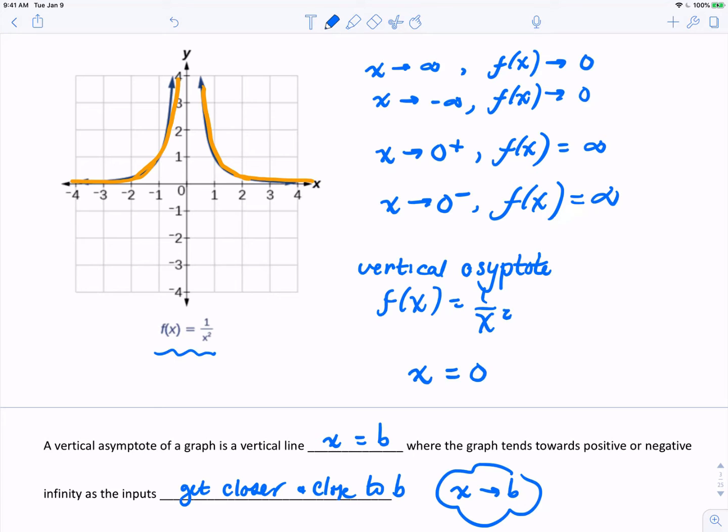So as the x values get closer and closer to 0, the function approaches infinity. That makes this line x equals 0 a vertical asymptote.